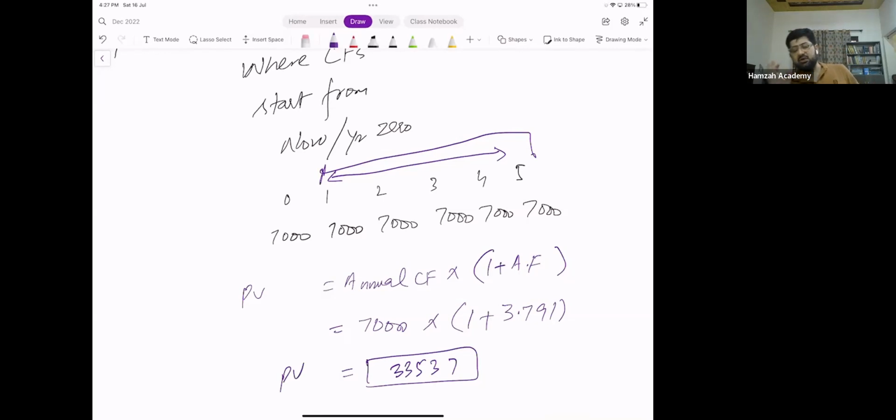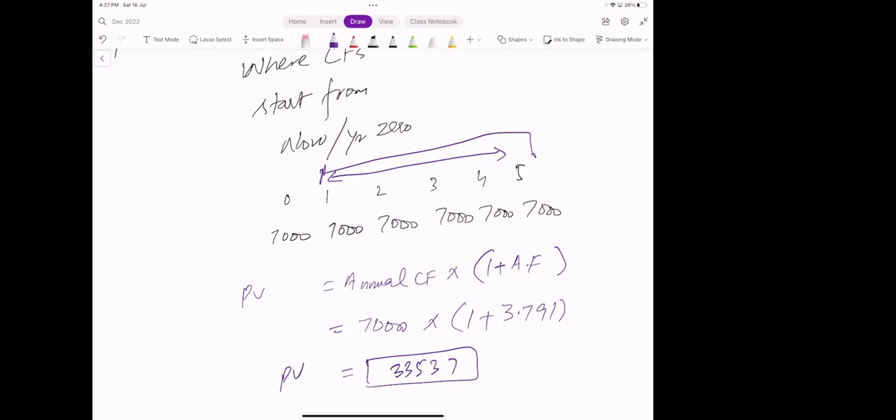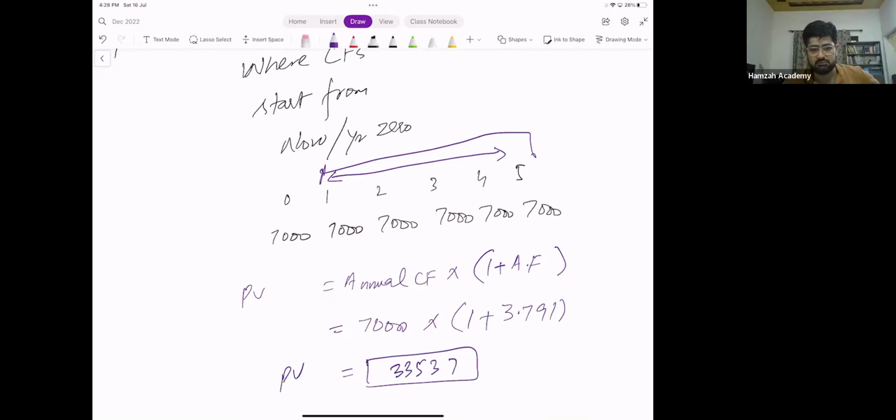Is it clear? Annuity in advance is clear? Any confusion, any question? Please tell me. Is it clear? Right.